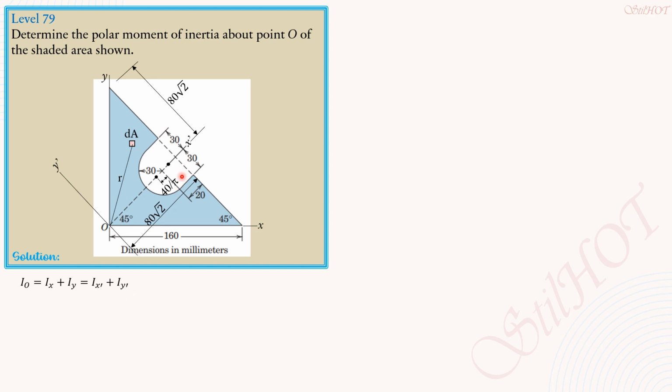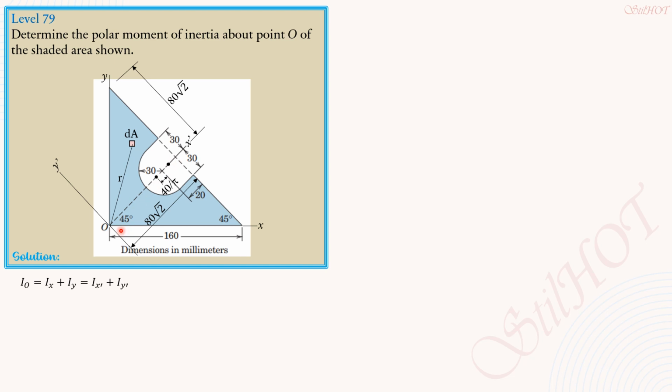So the moment of inertia with respect to the x prime axis first: we have two right triangles, and this axis x prime happens to be coincident with one of the legs, which is 80 square root of 2. Anyway, the height is still 80 square root of 2.